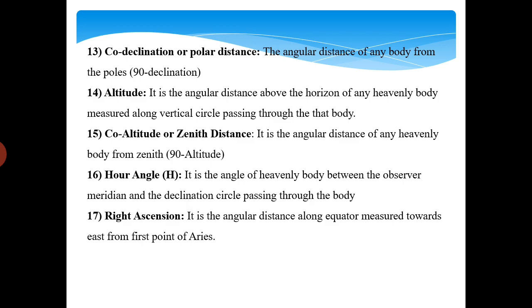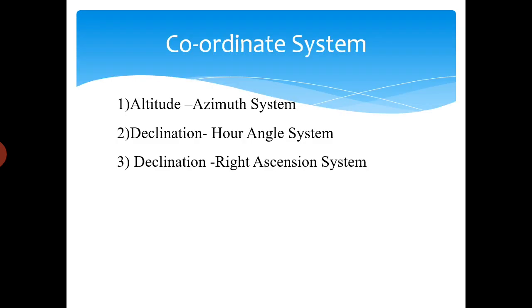These are the different terms used in field astronomy. In order to determine the position of any celestial body, we have three coordinate systems. The first is the altitude-azimuth system, the second is the declination-hour angle system, and the third is the declination-right ascension system.